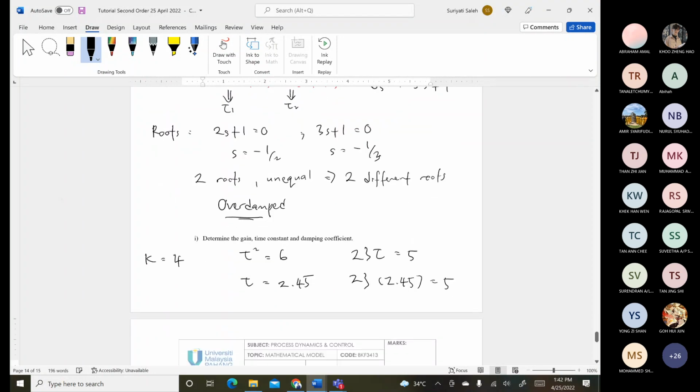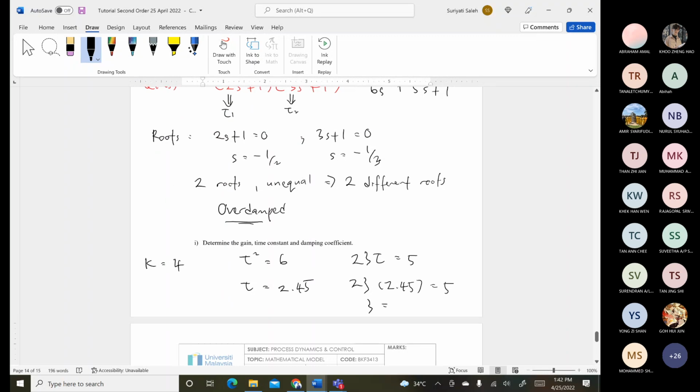So the damping equals 1.0206. So here we know that the damping is greater than 1, and when the damping is greater than 1, it is over damped.